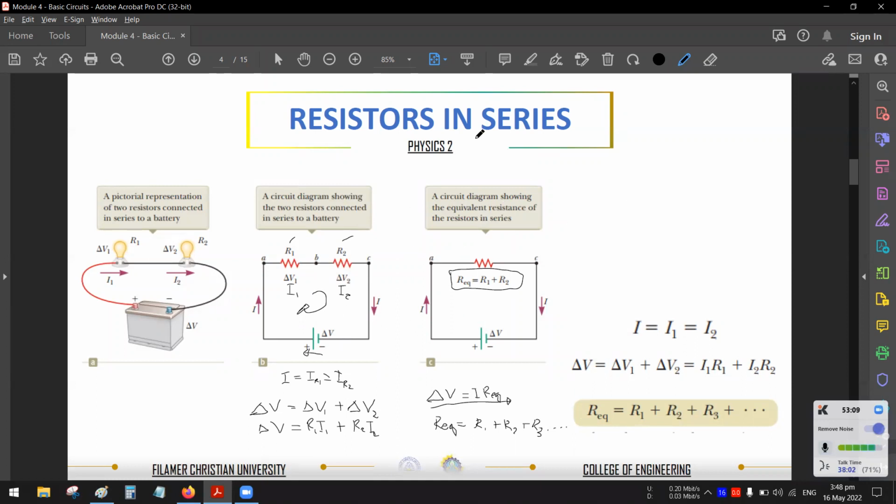Okay? That is for series. For series, we just add the resistors and that is the equivalent resistance. Then you can just use the formula here.